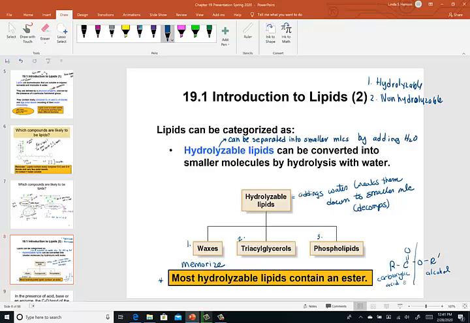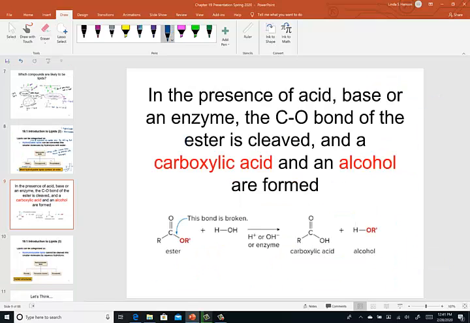But I'm trying to emphasize the term hydrolyzable. Waxes, triacylglycerols, and phospholipids are hydrolyzable lipids. In the presence of an acid, a base, or an enzyme in our body, the carbon to oxygen bond of the ester is cleaved.